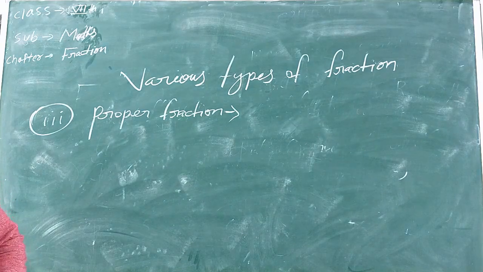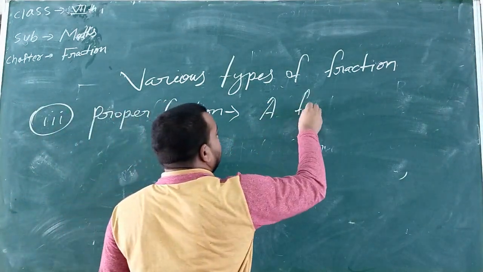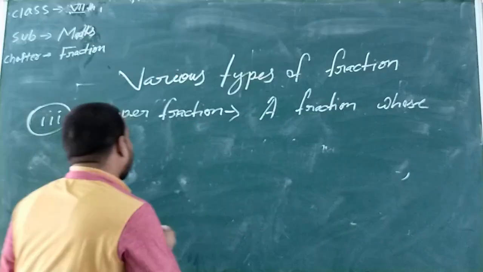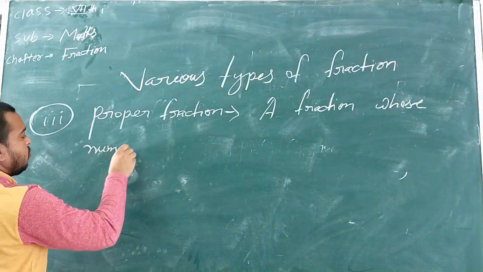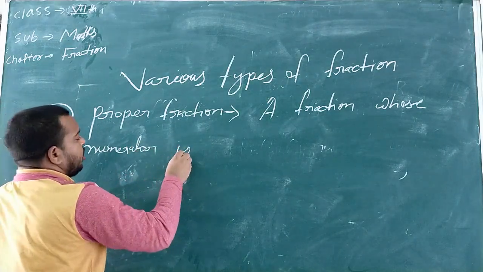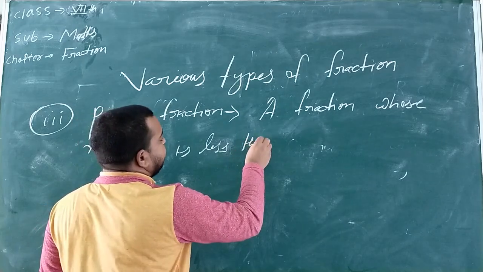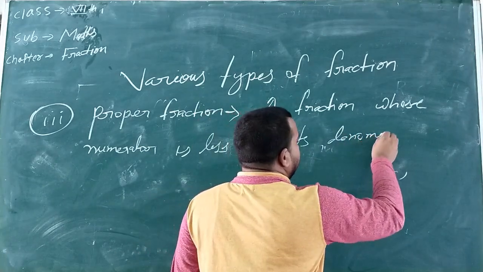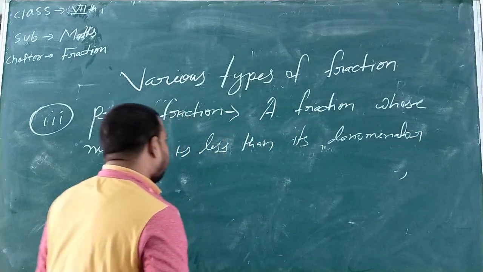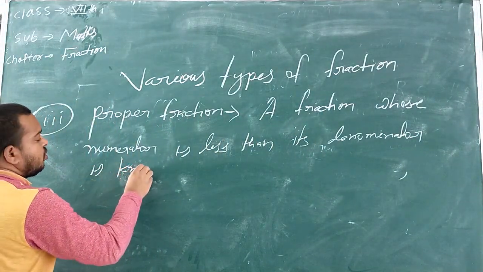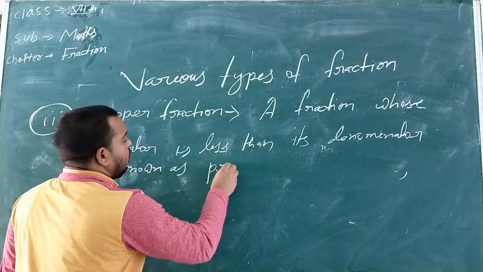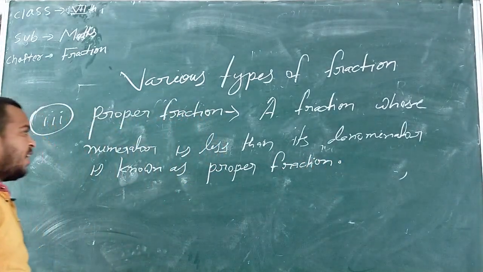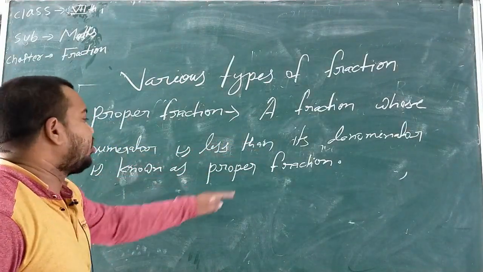How can we define a proper fraction? A fraction whose numerator is less than its denominator is known as a proper fraction.